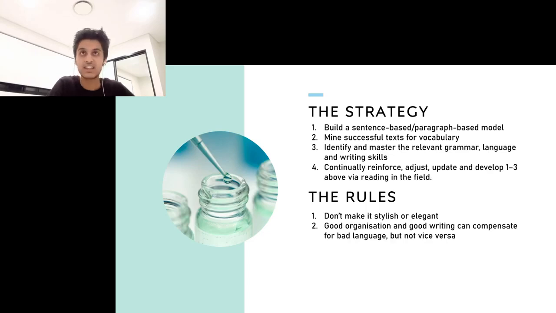They'll often neglect the poor language. But if you have extremely good scientific language, if you've mastered it, but the reader can't quickly identify what they want to see, like what the paragraph's about, they'll probably look at the first sentence of the paragraph, and if they don't get what the paragraph's about, even if it's written at the highest top-notch levels, it's not going to compensate for that bad organization.